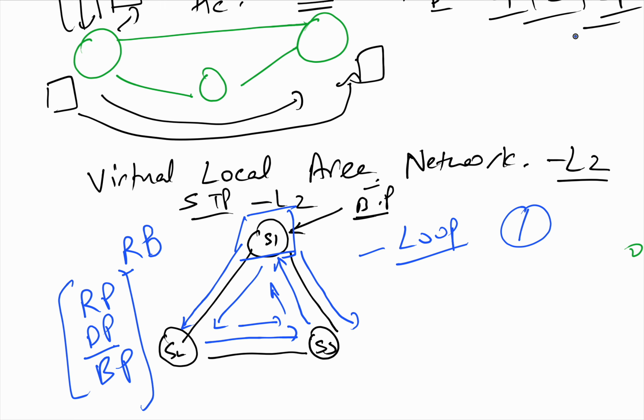You can click on the I button, and I'll take you to a video where I have talked about this in more detail, and you might get a better understanding. The blocking port blocks traffic, for example this one. Once this is blocked, it won't be able to share packets across, so the broadcasting across has stopped.